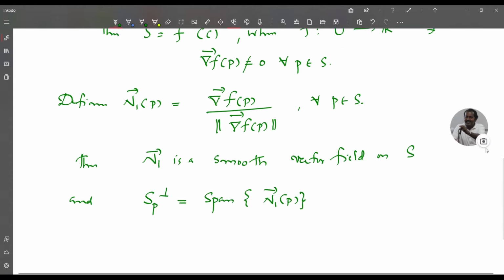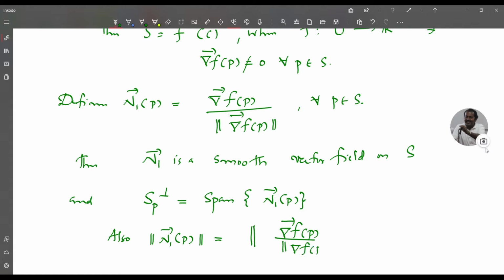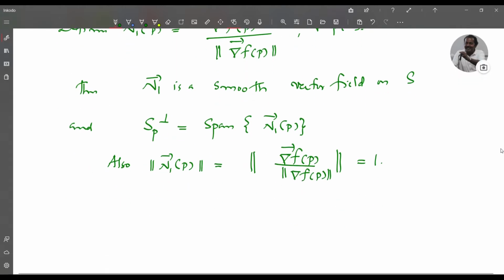Also, the norm of n1 of P is equal to norm of del F of P divided by norm del F of P. So that is equal to 1. This is true for all P in S.